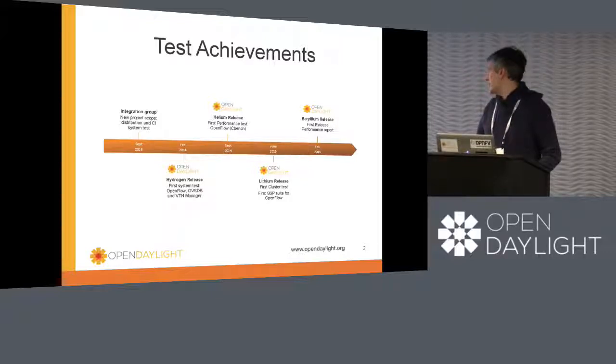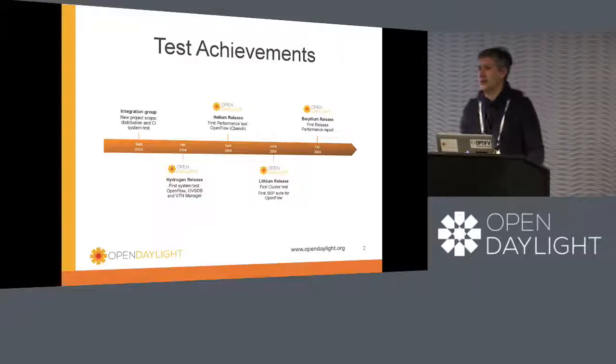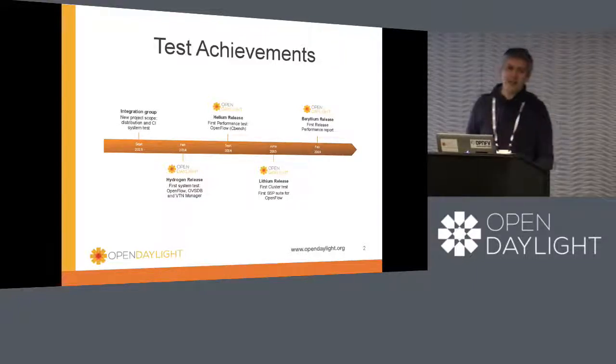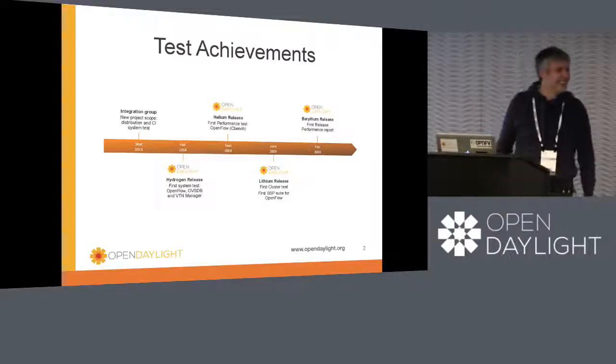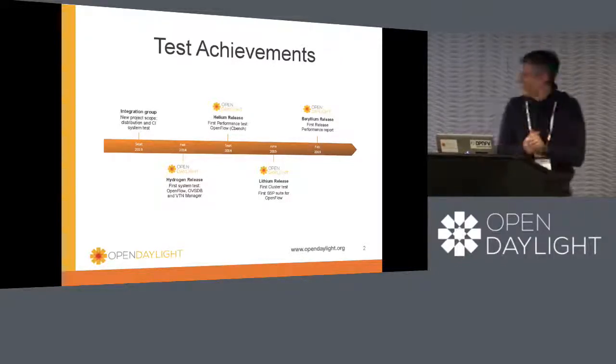The Lithium release was the release where we got a lot more tests, what we called S3P. S3P in OpenDaylight was a term that we introduced at that time. As you know very well, S3P is scalability, stability, security, and performance. So the Lithium release was the first release where we introduced this S3P kind of test.